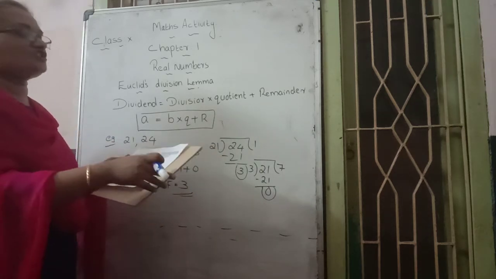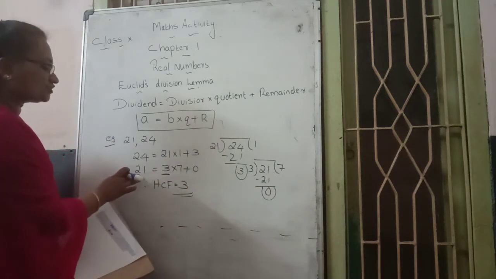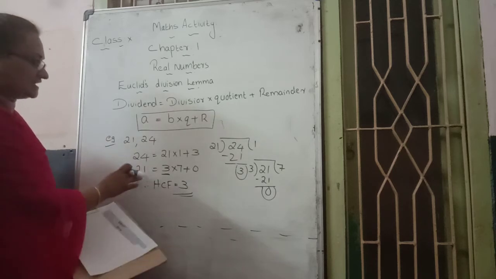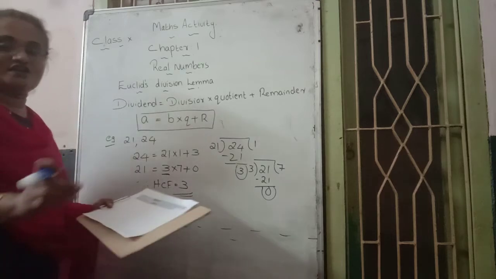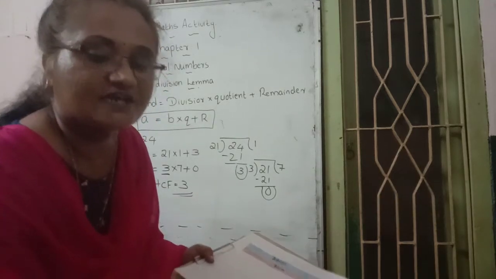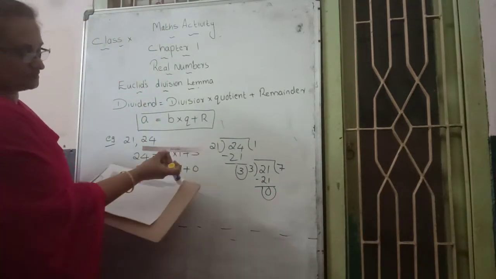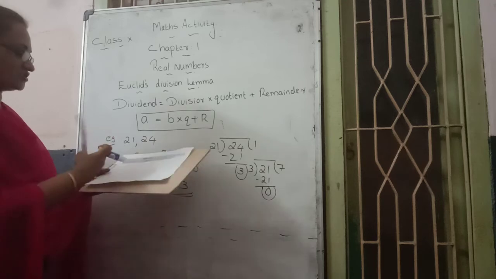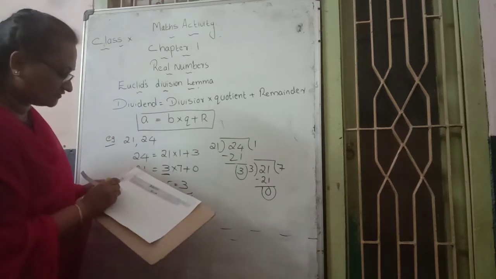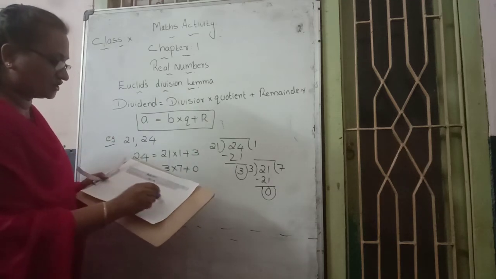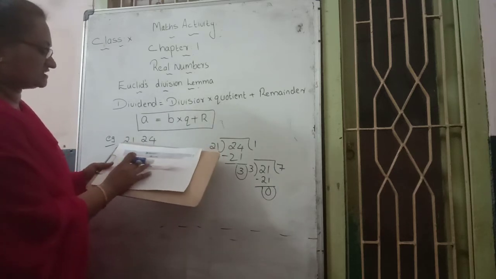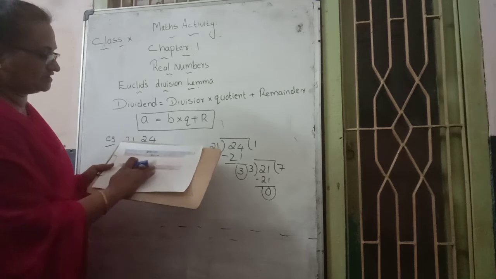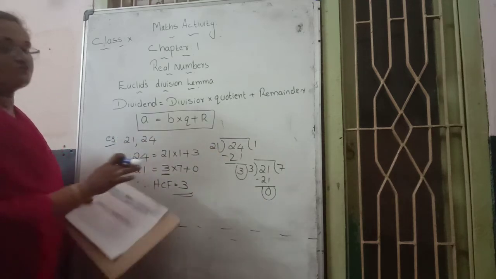Using that 3 centimeter gap, we go to the second step. In the second step the dividend becomes which number? 21. So again we take a 21 centimeter strip like this and paste it somewhat below. Then divided by which number?